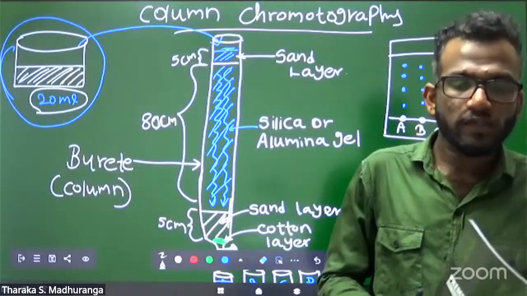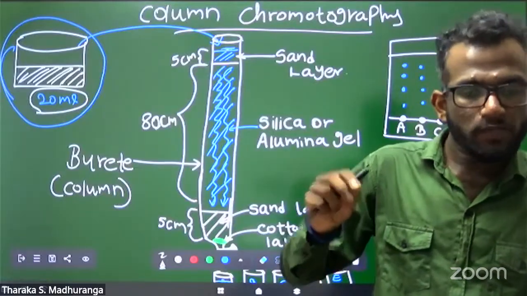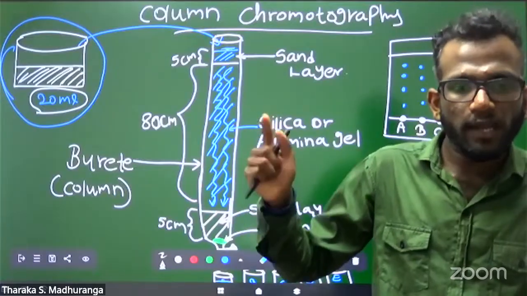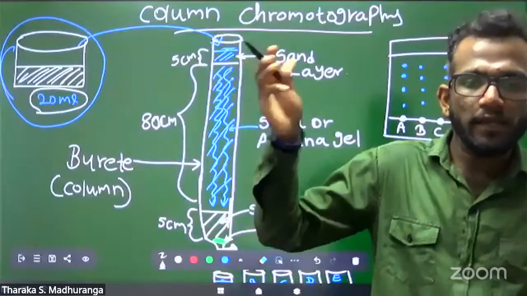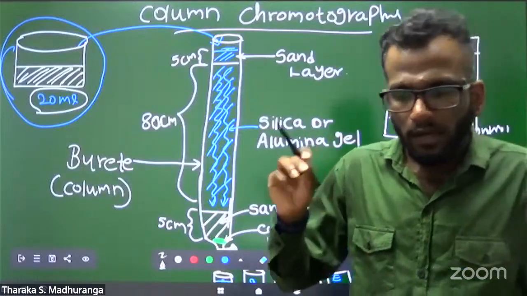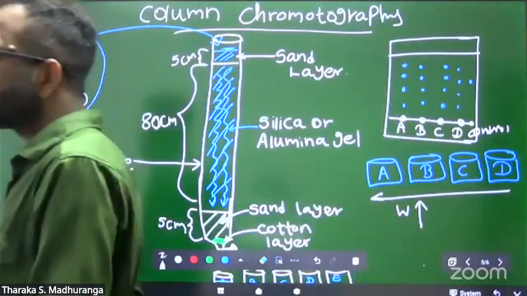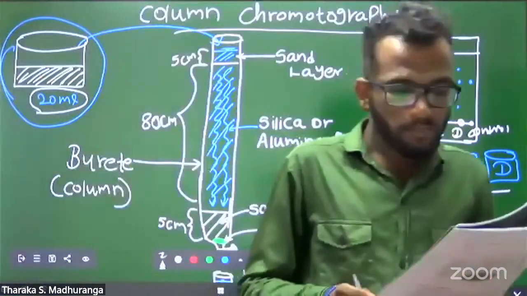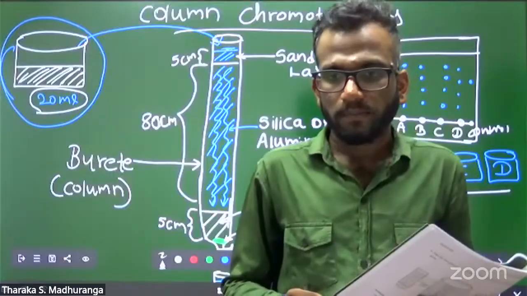If we use thin layer or paper chromatography without column chromatography, what happens? The compounds overlap. Therefore, we can't identify the compounds separately. That's why we do column chromatography before we use thin layer or paper chromatography.